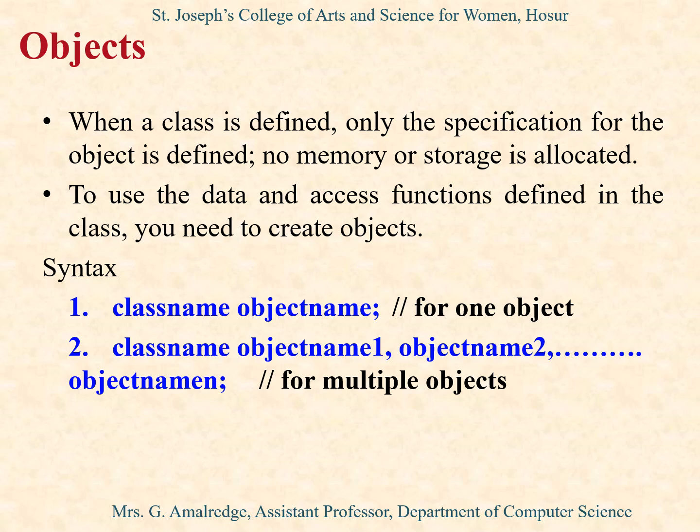There are two ways to create objects in C++. One is to create only one object and the second one is to create multiple objects. For creating only one object, we have to use the class name and object name. For creating multiple objects, we have to use the class name, object name 1, object name 2, and so on.